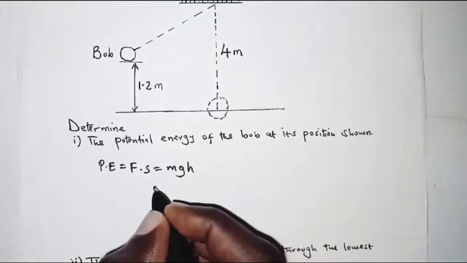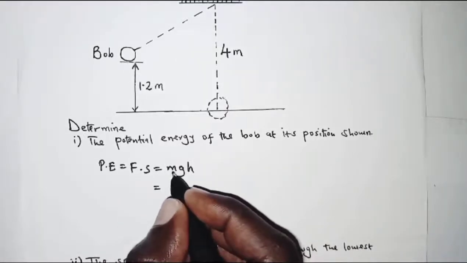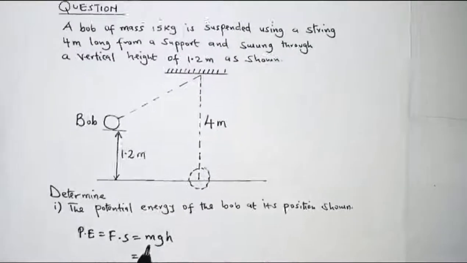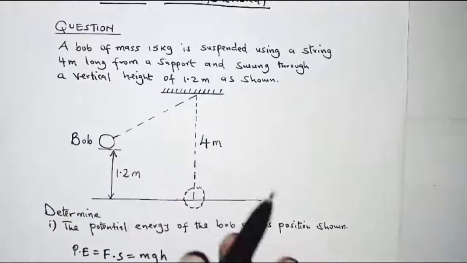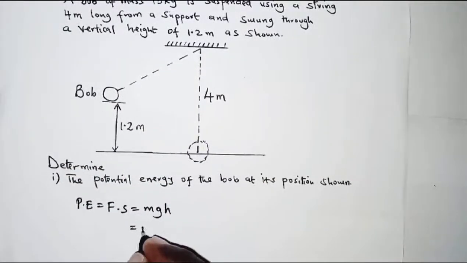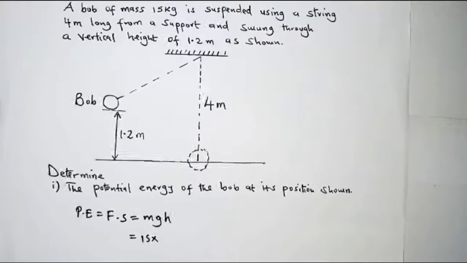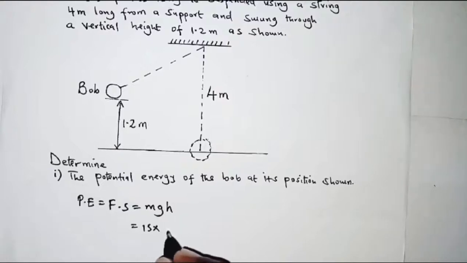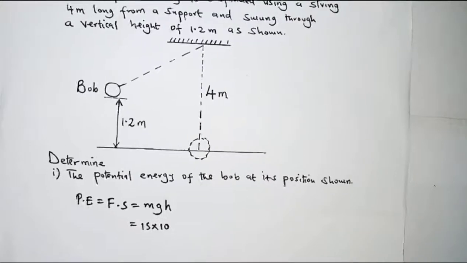So doing our substitution, we will get the mass we already have as 15 kilograms, so that is 15 times g, the gravitational acceleration. So the gravitational acceleration of the earth we know is 10, so we're assuming it's 10 meters per square seconds.